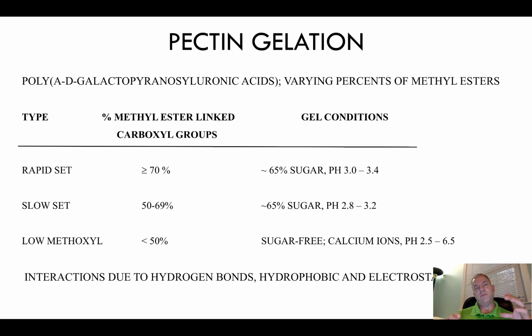So we get strong interactions, making a network that ultimately produces a gel when we trap water inside of it. So that's the rapid and slow set.